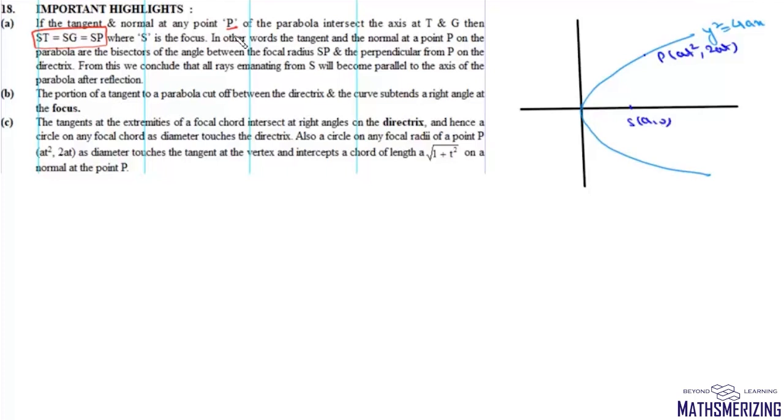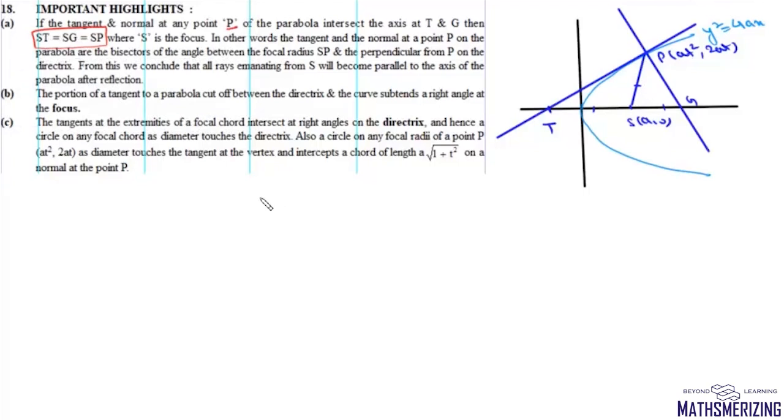Now the tangent drawn at point P intersects the axis at T. So we'll draw the tangent at P. It will intersect the x-axis at point T, and we'll draw the normal to this parabola at this point P itself, which intersects the axis at G. Now we need to show that ST is equal to SG, and it is equal to the focal distance, which is SP.